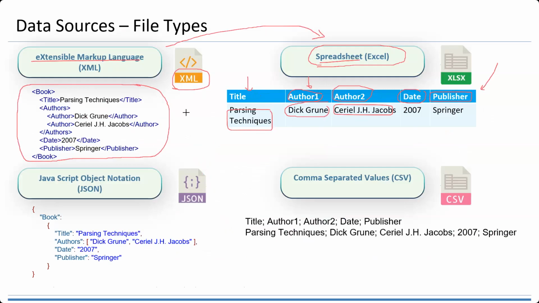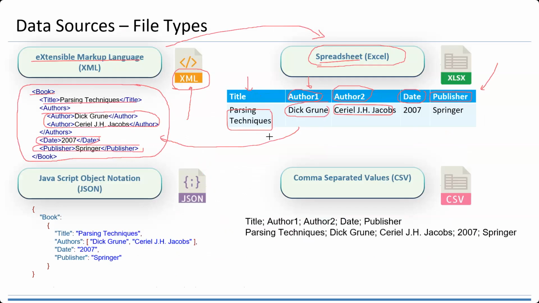In the form of XML, the data will be like this one. So we have book, and the title is Parsing Techniques. The authors, there are two authors, Dick Grune and Ceriel Jacobs. And it was published in 2007, and the publisher is Springer.